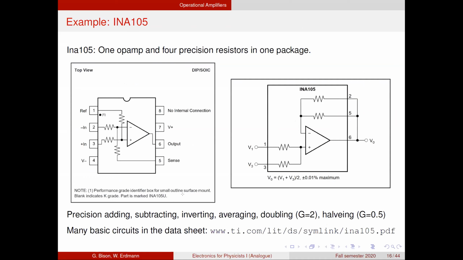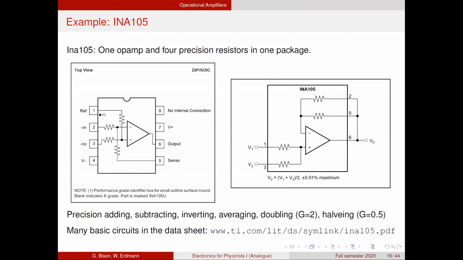Okay, so you see combinations of resistors and an op-amp can be combined in many different ways to produce different results. And one really good example is the INA 105. So it's one op-amp and 4 precision resistors in one package, as you can see here.